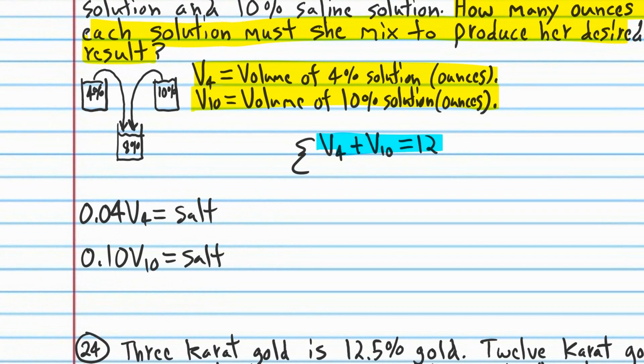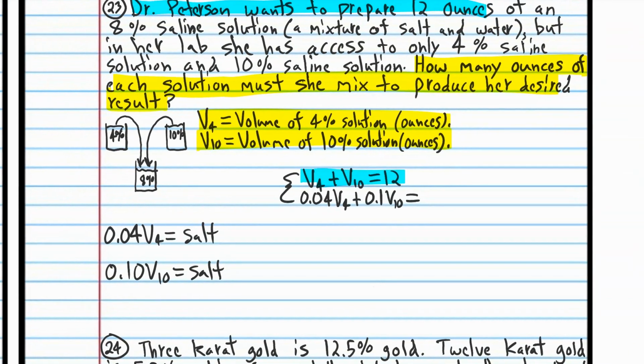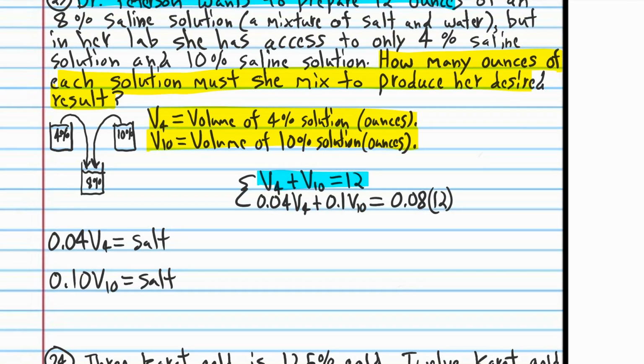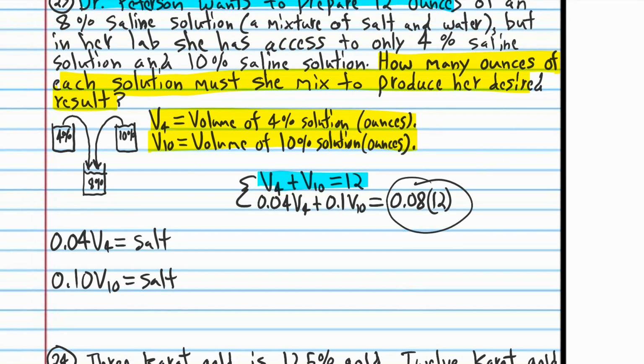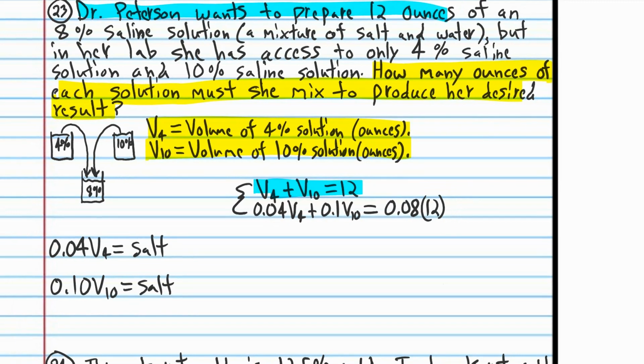So we're going to take the salt from the 4% solution and add it to the salt from the 10% solution, and that should equal the salt in the total solution, or the final solution. To find the salt in the final solution, we know that it's going to be 8%, and there's 12 ounces total. So we just find 8% of 12, that's the total salt in the final solution.